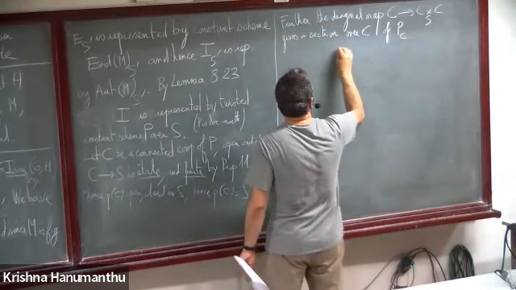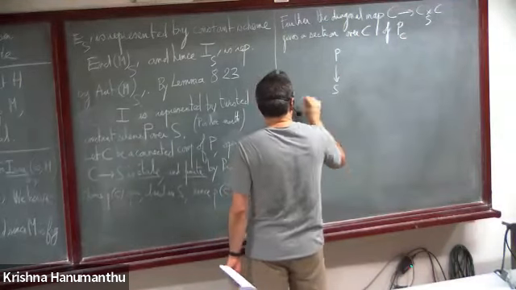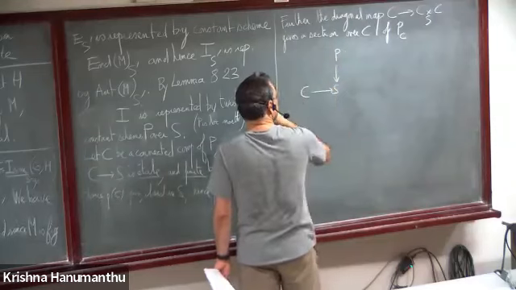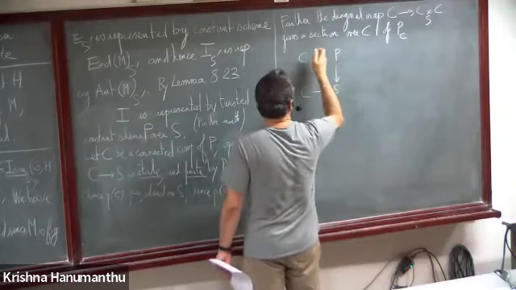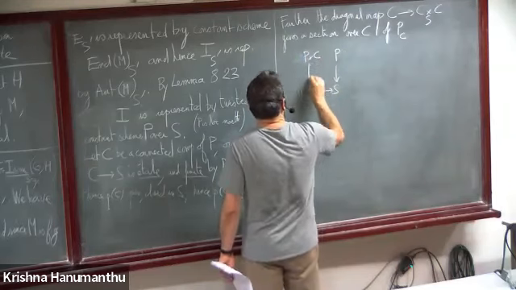Okay, so we have P, which is over S. So we take C, which is inside P, and if we base change, we have P times C, and we have this.